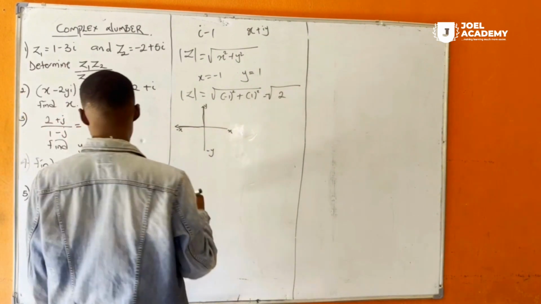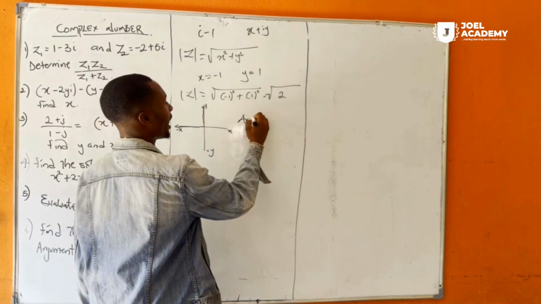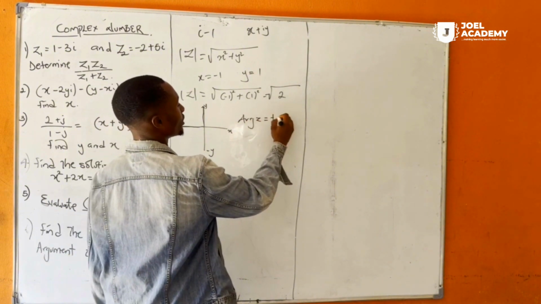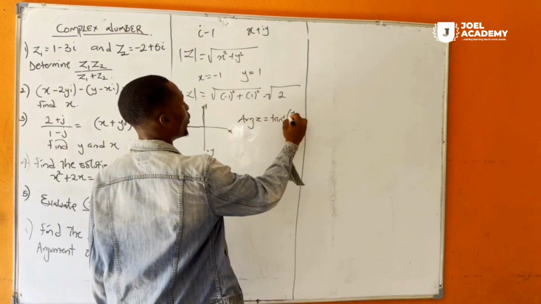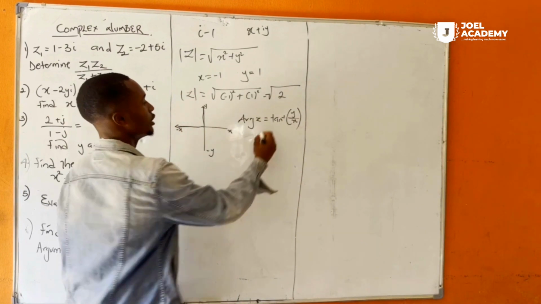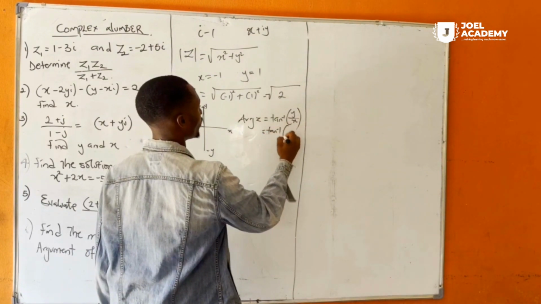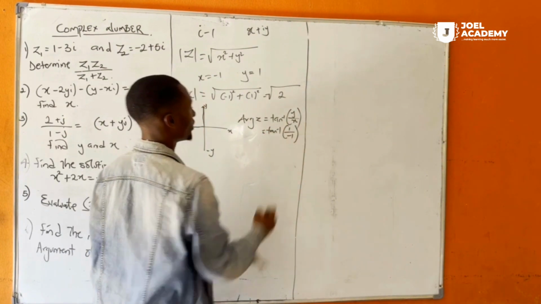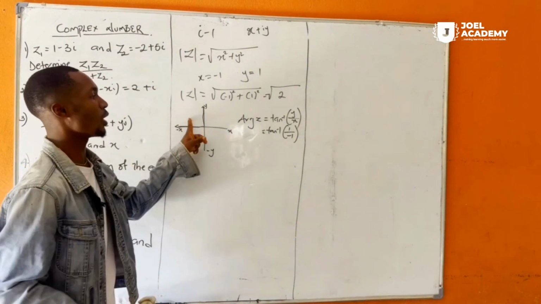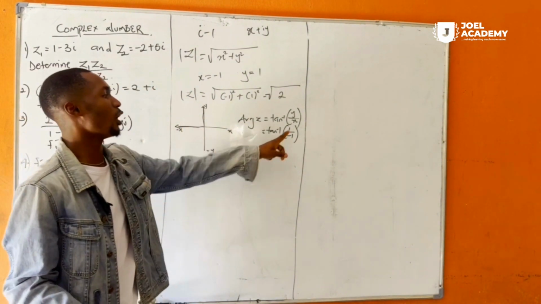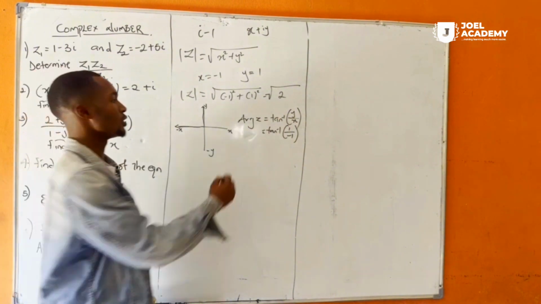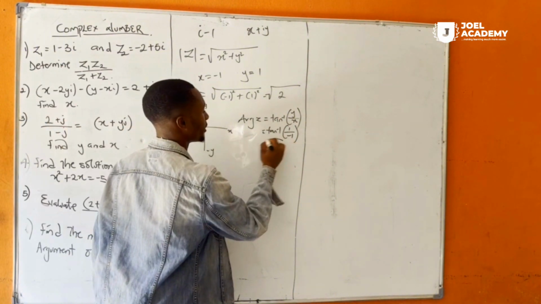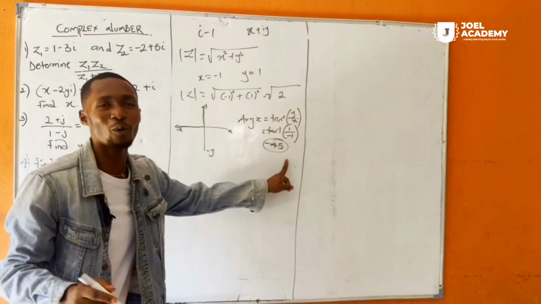Now remember, the formula for your argument, arg of z, is equal to the tan inverse of y over x. So this is equal to the tan inverse of 1 over minus 1. To make this much easier, since it will be found here, what's the tan inverse of 1 over 1? You get 45, which is minus 45. But this is not what we are looking for.